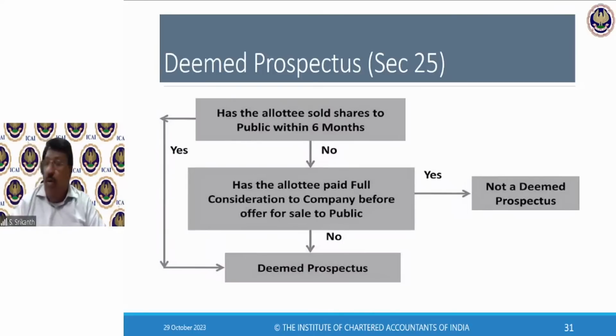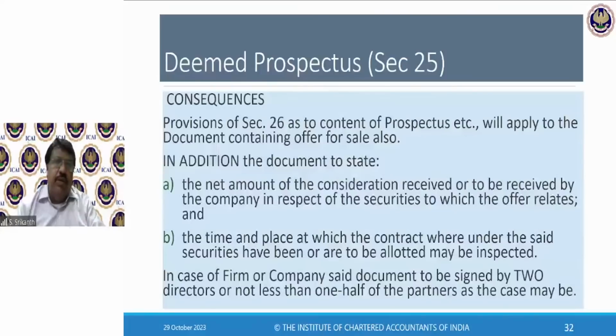So this PowerPoint presentation, if you want, you can take a photo, or it's going to come to you anyway. You can keep it in your mind and use it. Now, what happens if a company issues a deemed prospectus like this?